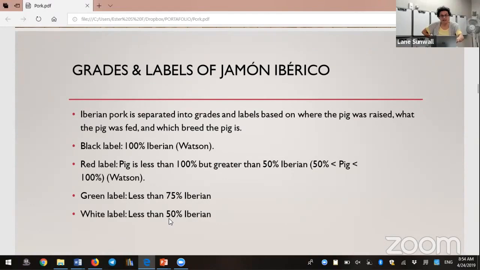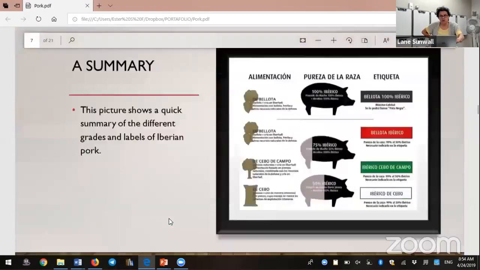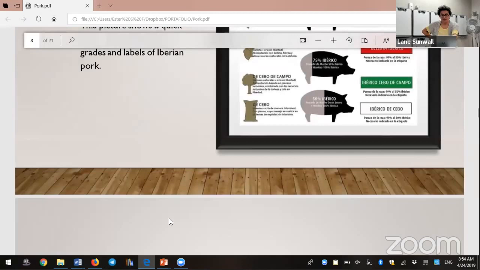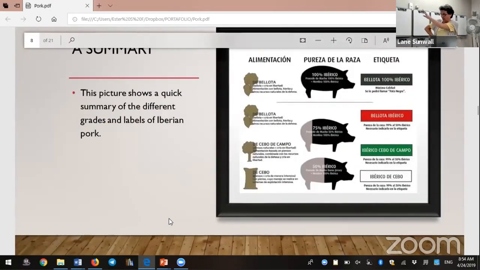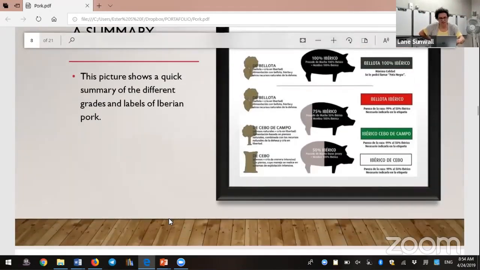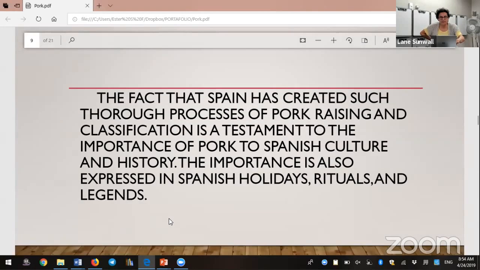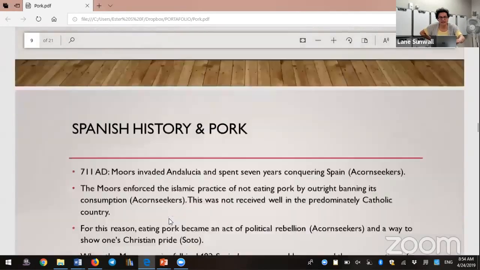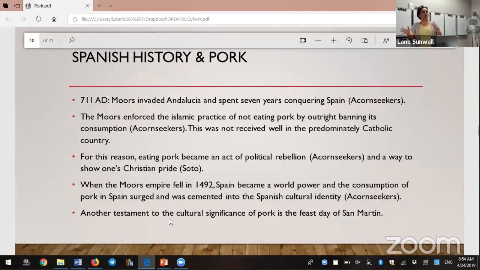And she was very thorough, and she was unbelievable at showing the whole classification of all these things. And then she also addressed the history of pork and how it was used back before Spaniards decided to expel, is that a word, to throw out of the country the Jews and the Muslims.